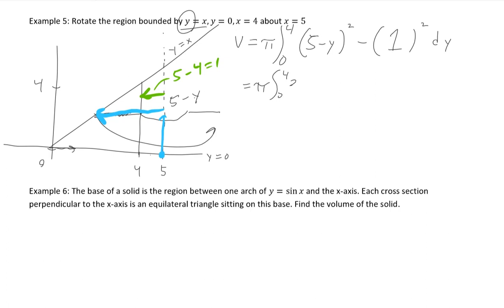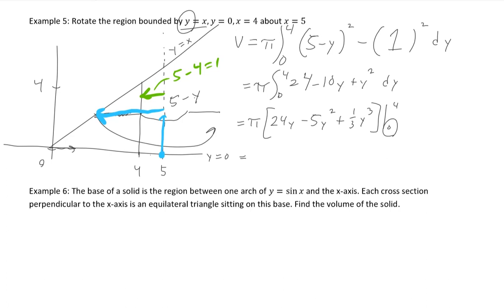Square this one out, that gives me 25 minus 10y plus y squared, minus 1, which should actually make this a 24, dy. And then that's just a polynomial, which we can solve pretty easily at this point. 24 will give me 24y minus 5y squared plus 1/3 y cubed from 0 to 4.